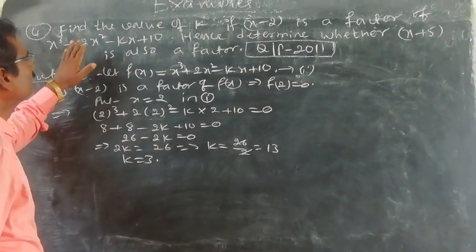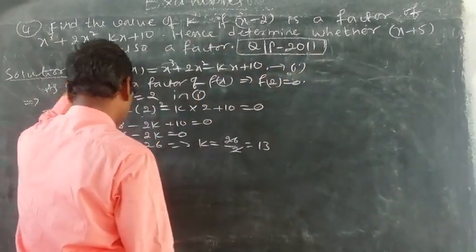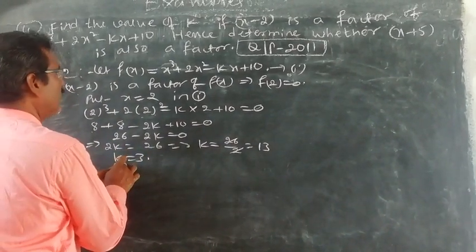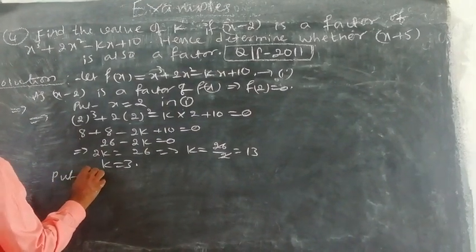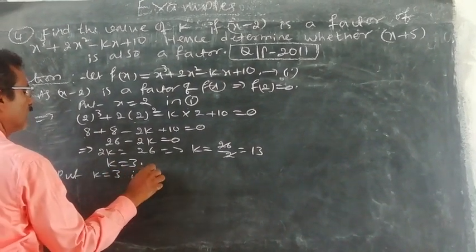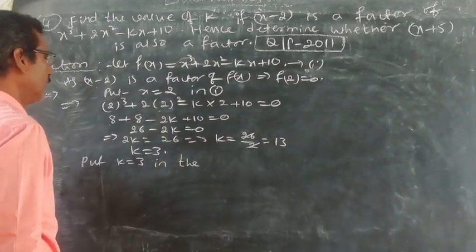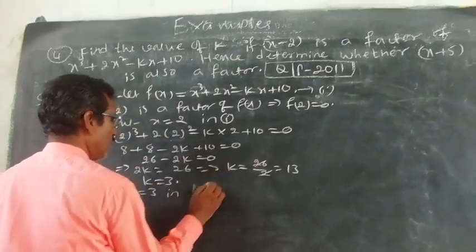We found the value of k. Hence, determine whether x plus 5 is also a factor. To find whether x plus 5 is also a factor, first put k is equal to 13 in the polynomial in equation 1.